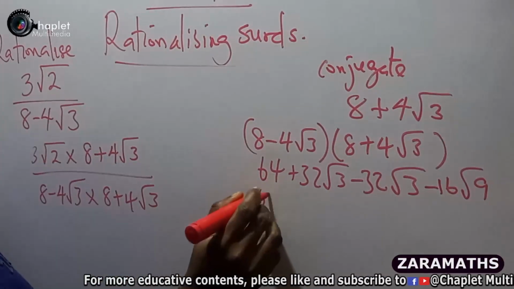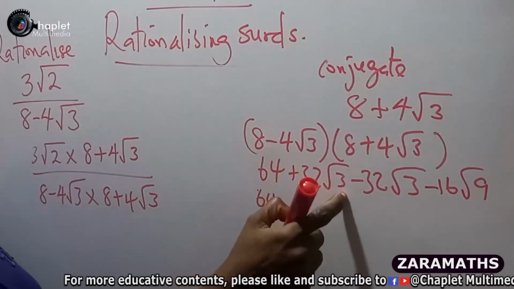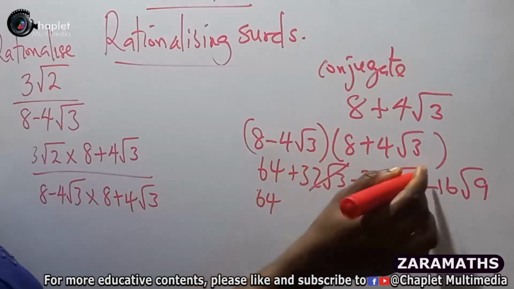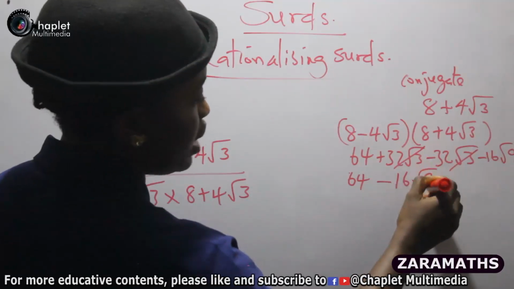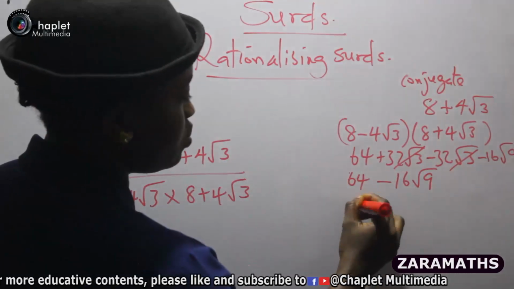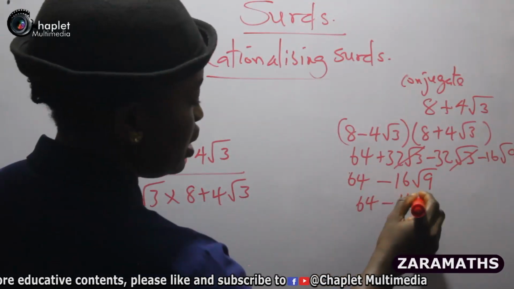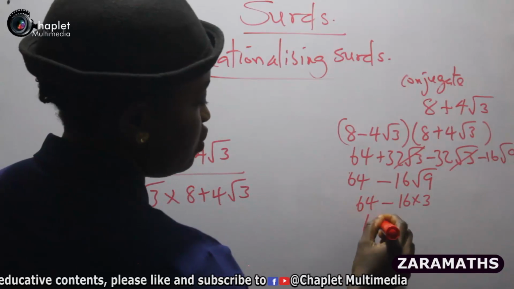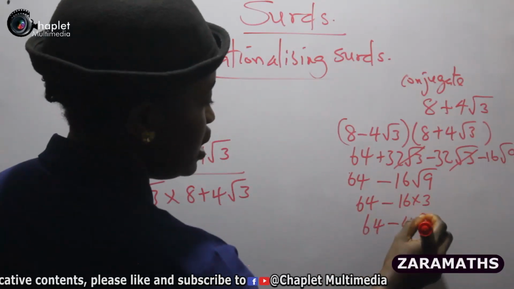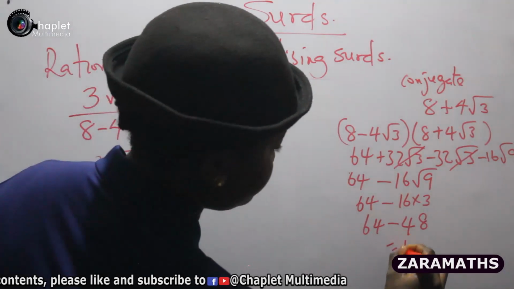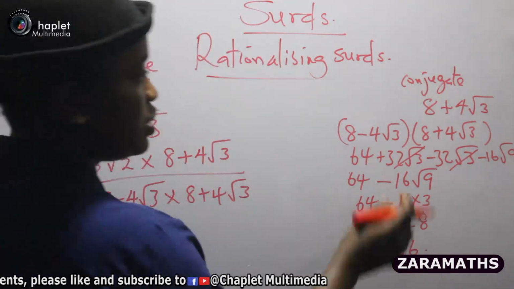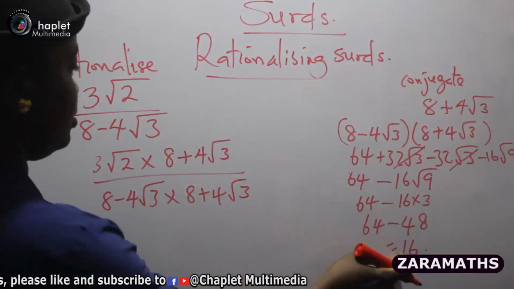So this becomes 64, the 32√3 and minus 32√3 cancel out each other. We are left with minus 16√9. √9 is 3, so this becomes 64 minus 16 times 3. This becomes 64 minus 48 to give us what? 16. So that means the whole of this is 16.